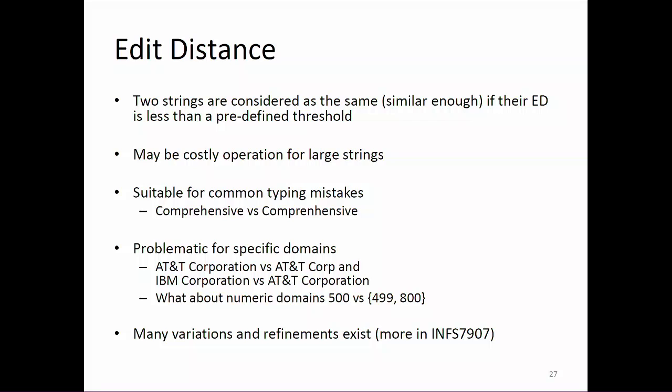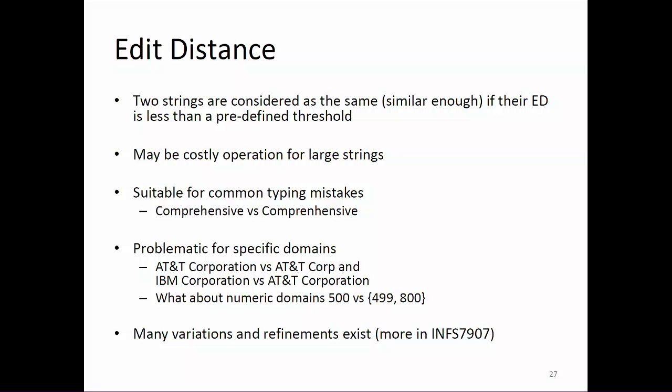For example, this is a very good example: if we are looking at company names, AT&T Corporation versus AT&T Corp. Now the edit distance of AT&T Corporation and AT&T Corp will be large, because of corporation and corp when you try to convert that, but we know that it's actually the same company.